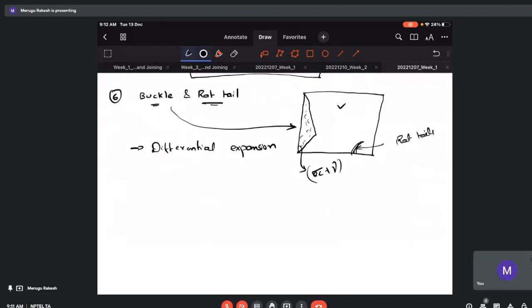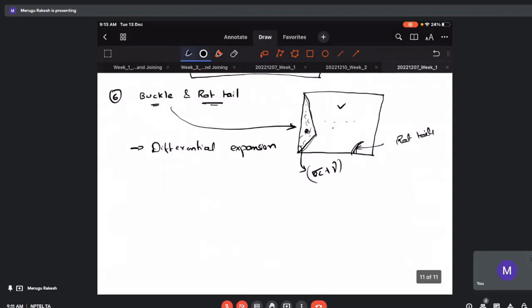When the metal is in liquid state, it is very easy to deform, so it will get relaxed by pushing the sand into the casting, which forms a shallow conical depression, also called a buckle. So this is the buckle which occurs due to differential expansion.